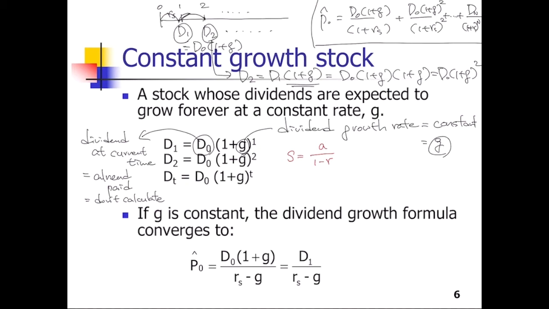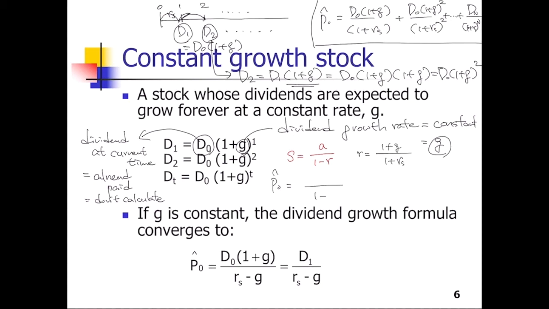So in our case, the P0 hat, what is r? R means a common factor, right? So r is, in this case, (1 plus g) over (1 plus Rs).